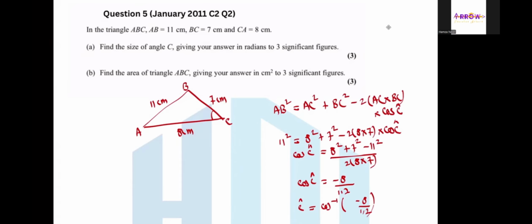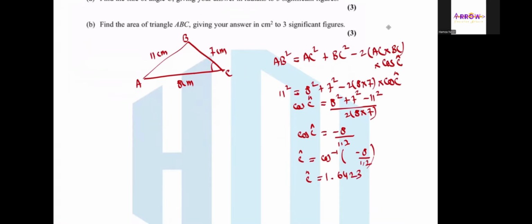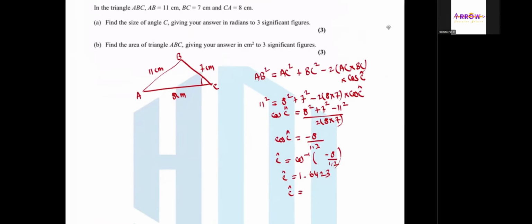So cos inverse of minus 8 divided by 112 is supposed to be 1.6423. Angle C is 1.6423. First of all, I'm going to write the angle to a higher accuracy, and then I'm going to give my answer as per the requirement, correct to three significant figures. Therefore, angle C is 1.64 radians.